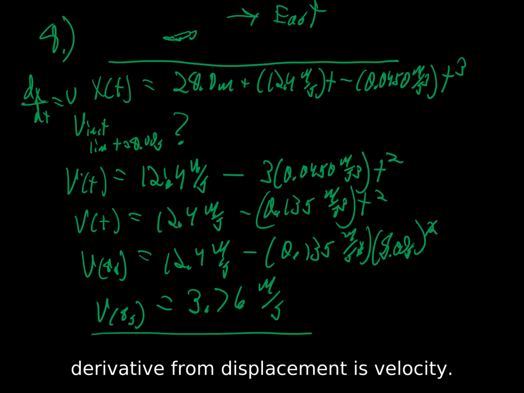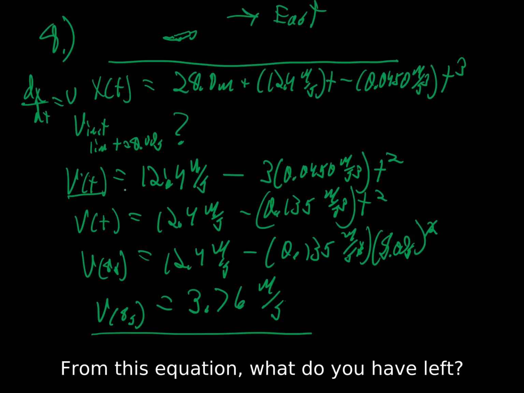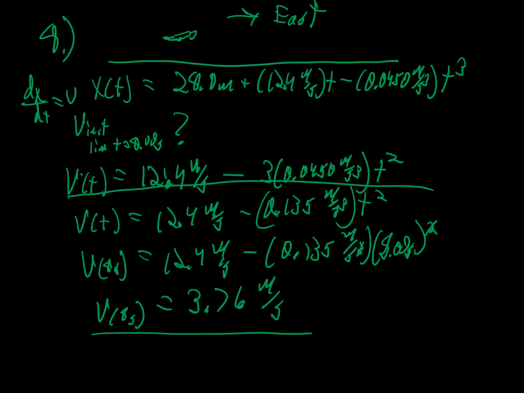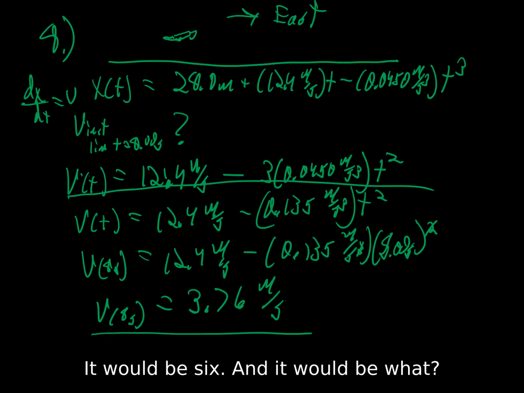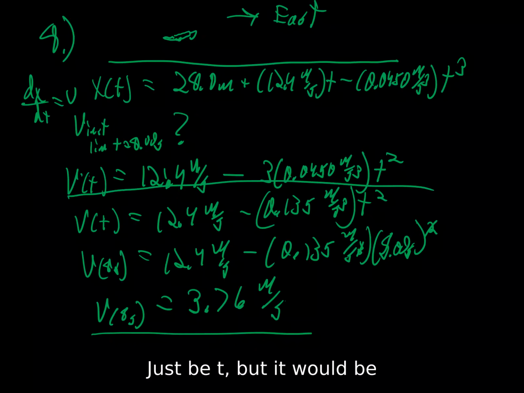All right, look at our function. First order derivative from displacement is velocity. What's the second order derivative? Acceleration. Take another derivative from that same equation. What do you have left? It would be 6 times 0.0450 meters per second cubed, and what would happen to t?